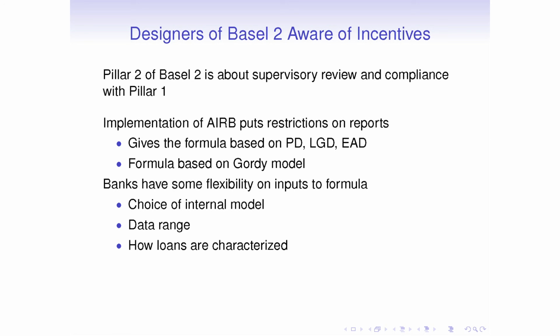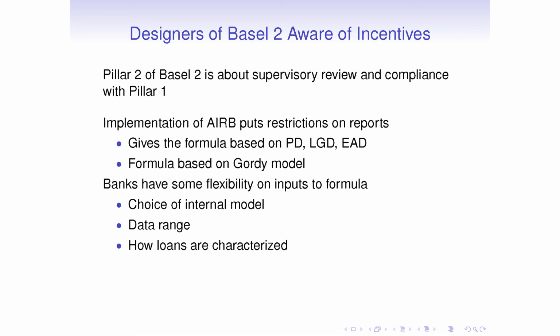Who knows what that means, but I think you could interpret it generously as making sure that Pillar 1 is being followed properly. And in the implementation, practice does put some restrictions on the report. First of all, the formula for PD, LGD, and EAD is given, okay? And I think this comes off of the Gordy model.